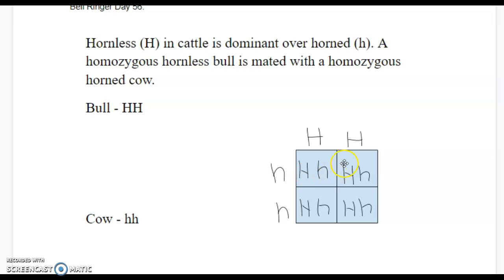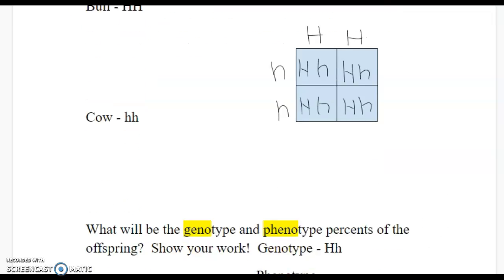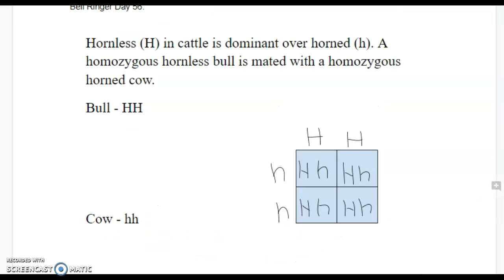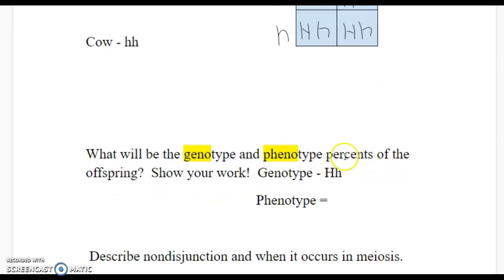Okay? This is the law of dominance: even though it's heterozygous, or if you have a parent that's homozygous for a trait, all of those offspring are going to show that dominant trait. Law of dominance. So the phenotype is they're all going to show that dominant trait of being hornless. The phenotype is hornless.